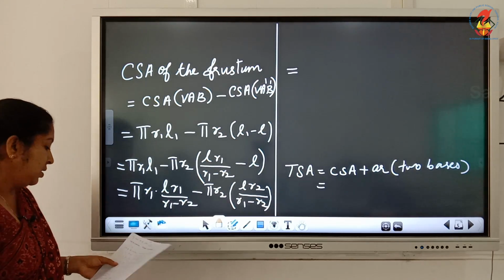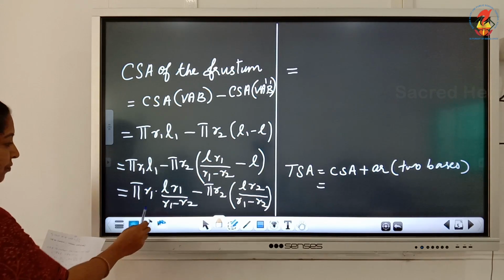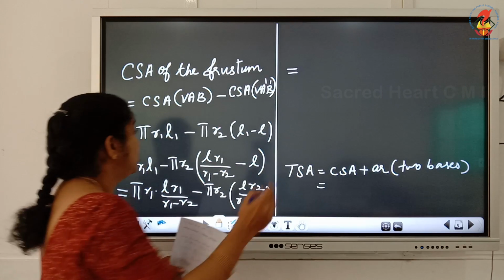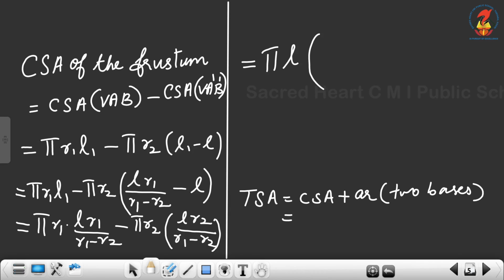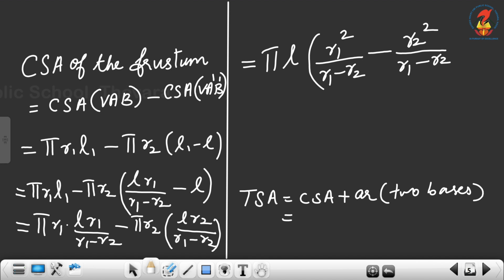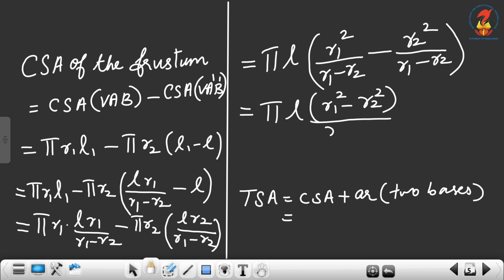So, what is common here? Pi L is common. So, we can take out pi L into the remaining R1 square divided by R1 minus R2 minus R2 square divided by R1 minus R2. So, we are getting pi L into R1 square minus R2 square divided by R1 minus R2.